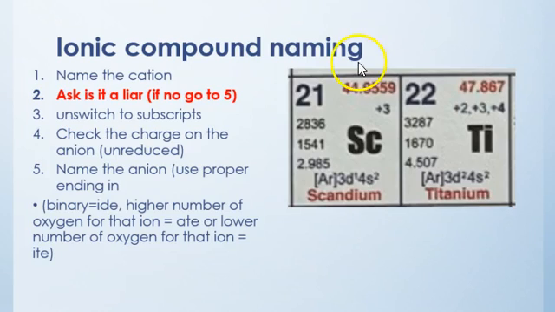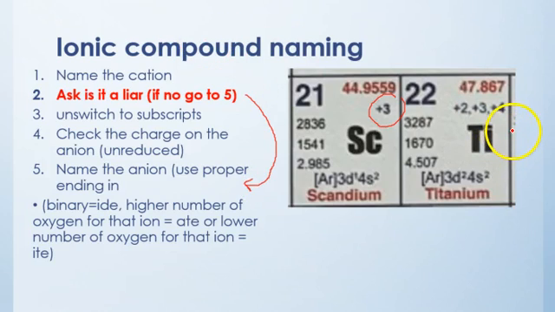And we said these boy elements, these positive ion elements that had more than one charge, were lying. They don't always give the same number. So if you'll notice, scandium is not a liar. It only has one possible oxidation state. So if scandium was my cation, I would name scandium and I would proceed directly to step number 5.